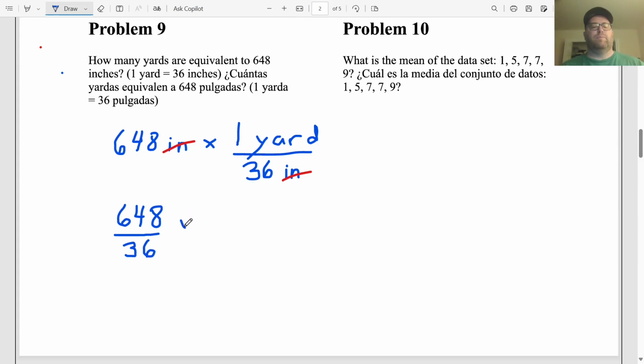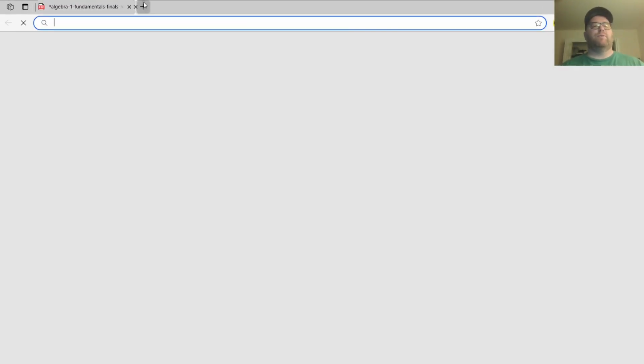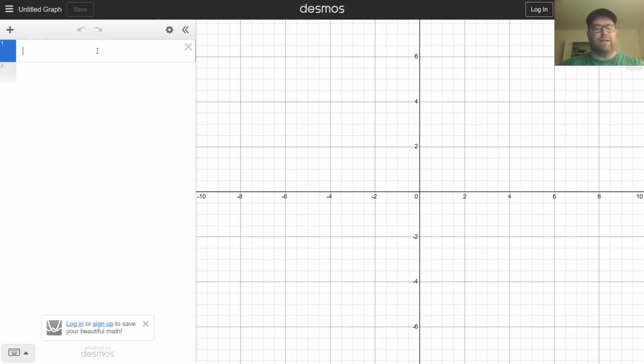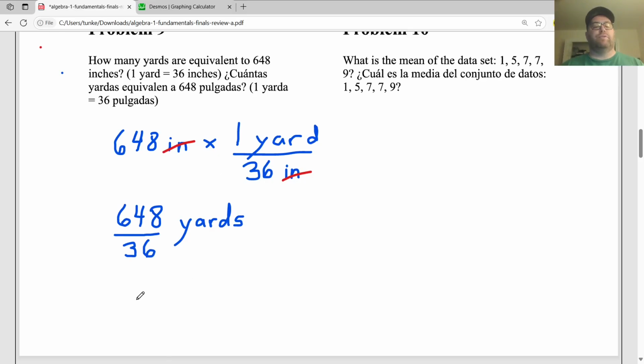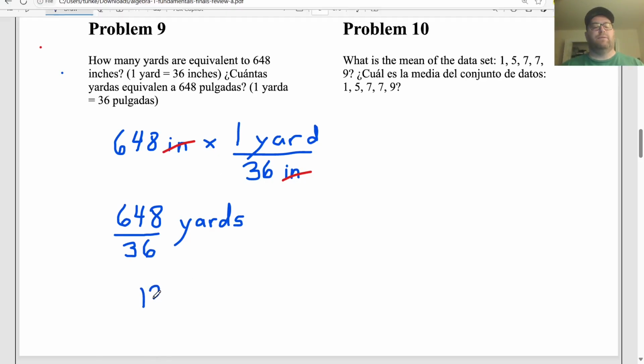And the unit is going to be yards. So let's figure that out in Desmos. All right, so we got 648, and we're going to divide by 36, and that's going to give us 18 yards. So our solution here is going to be 18 yards.